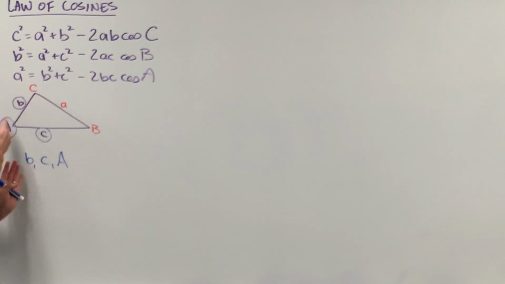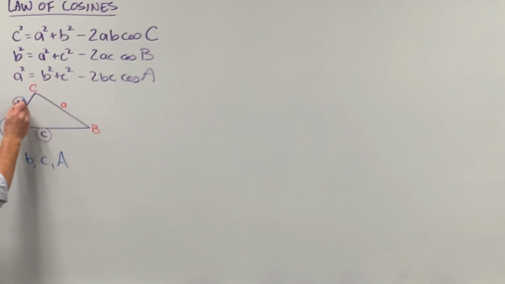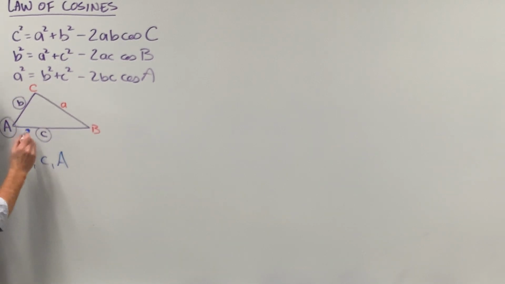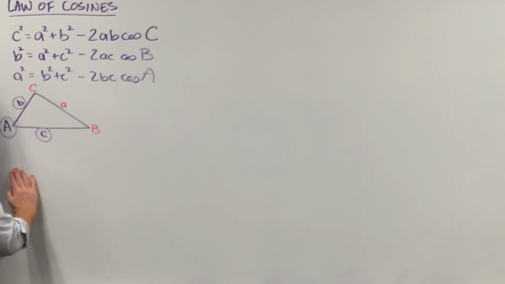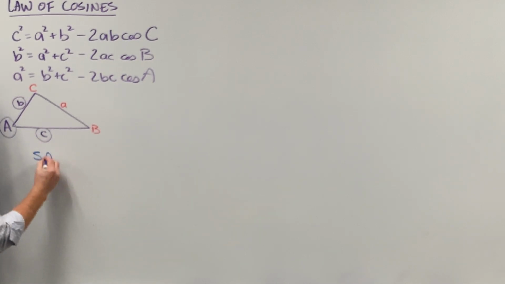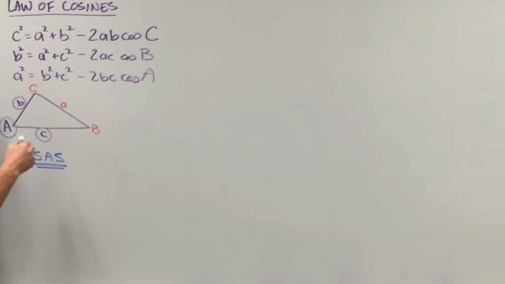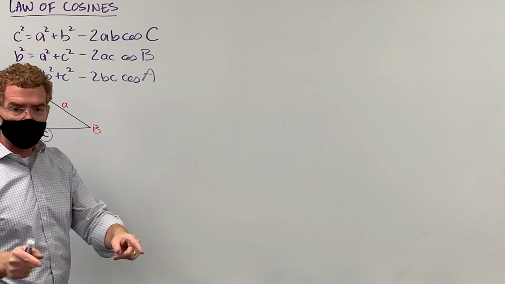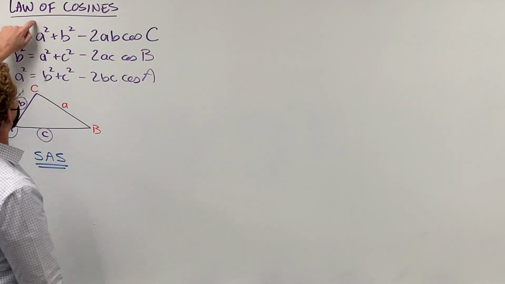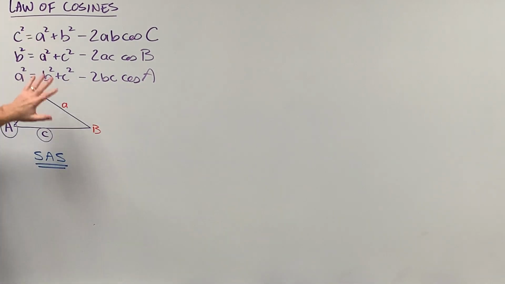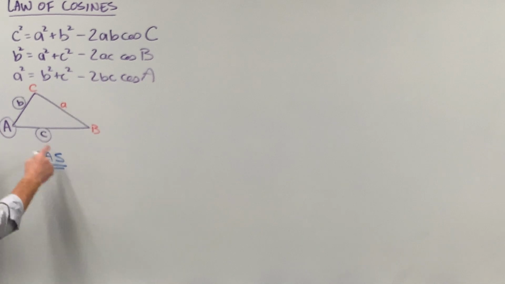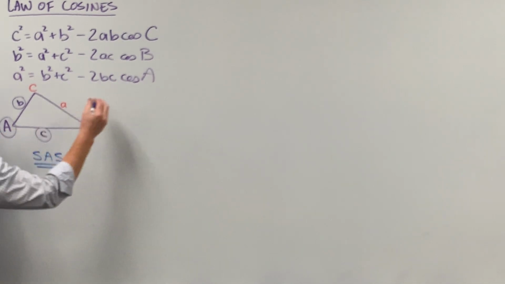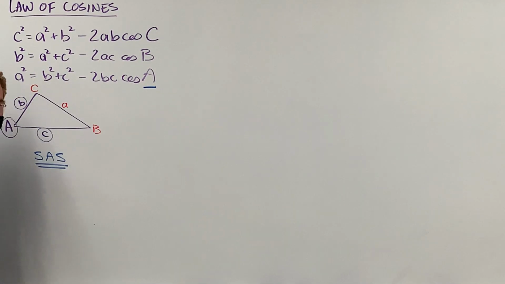The information is connected. So when I see a side connected to an angle, connected to a side, that represents a side, angle, side. And anytime I am given a side, angle, side situation, you're going to want to begin the process using the law of cosines. And when you look up here at the equation, think about it: if I'm given angle A, I'm going to want to use this angle A equation.